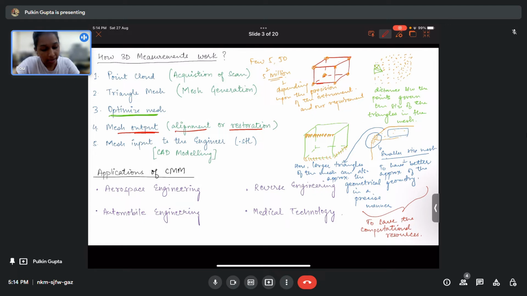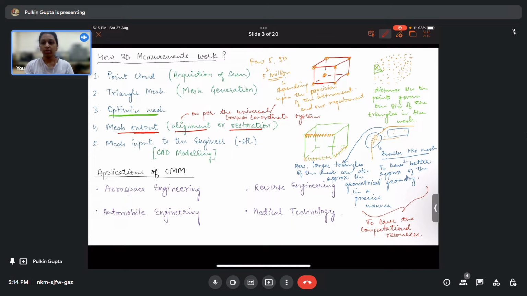So alignment as per the universal or common coordinate system is really important.